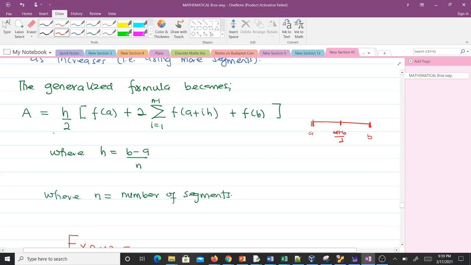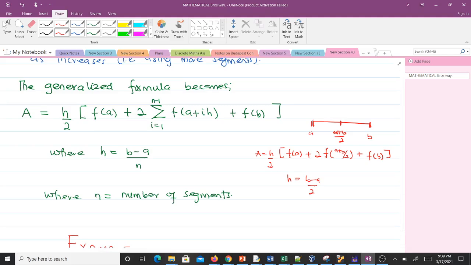Alright, so using this formula, we'll have the area equal to h over 2, then f of A plus 2 f of A plus B over 2. That's the point here. Then plus f of B, where h will be B minus A over n, which is what? 2. Okay, so that's how we use it.